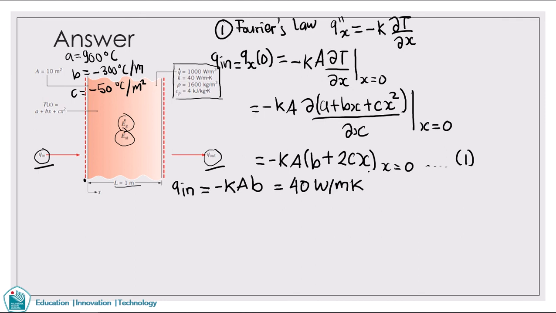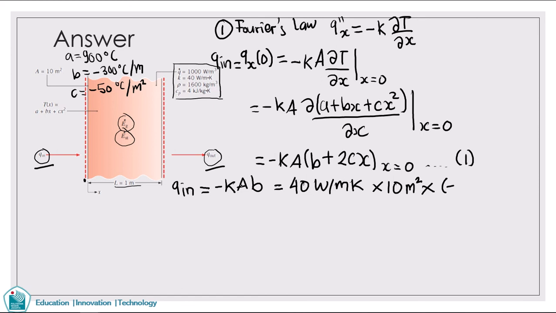Kelvin, okay, multiplied by the A, which is 10 meter square, and then multiplied by the B, small b, so multiplied by minus.